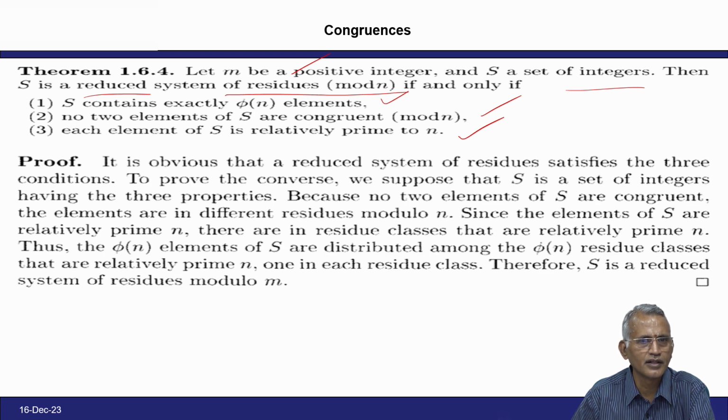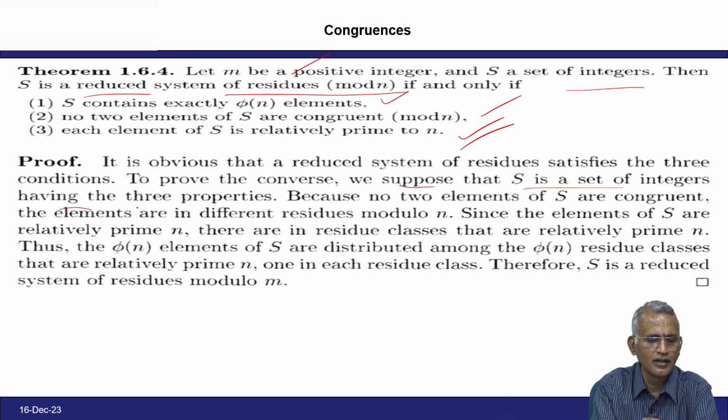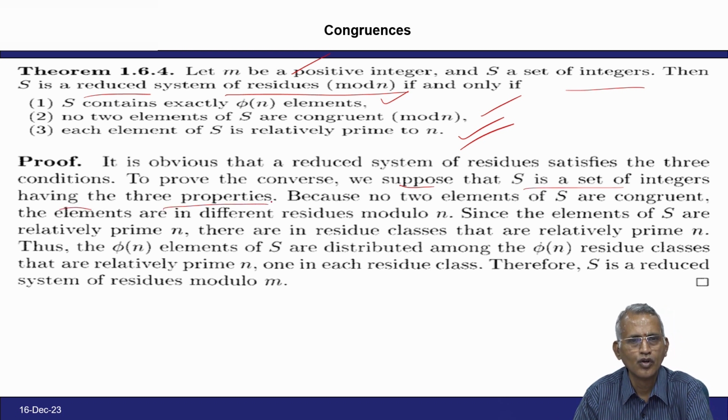It is obvious that a reduced residue system satisfies the three conditions. To prove the converse, we suppose that S is a set of integers having the three properties. Because no two elements of S are congruent, the elements are in different residue classes modulo n.